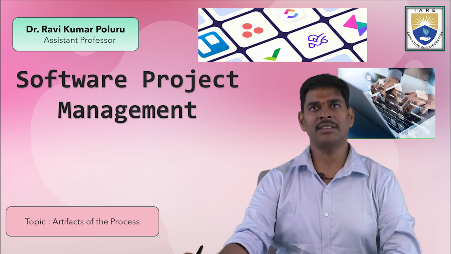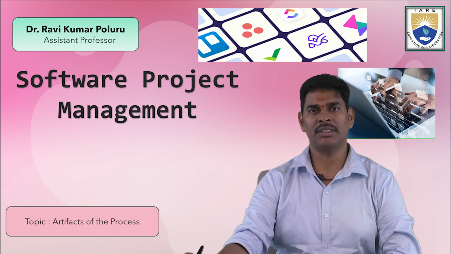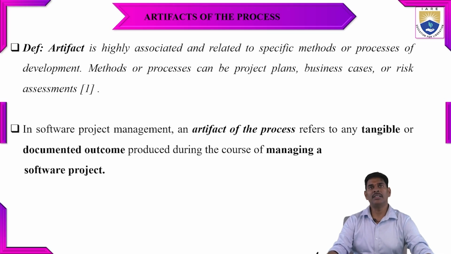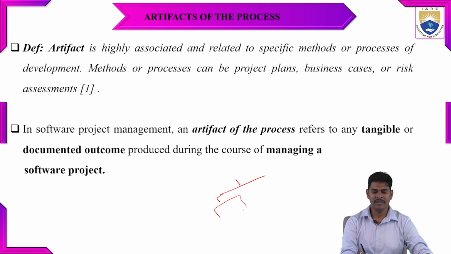So today's topic is artifacts of the process. In the previous class we have seen the life cycle phases. The life cycle is divided into two types: one is the engineering phase and another one is the production phase.